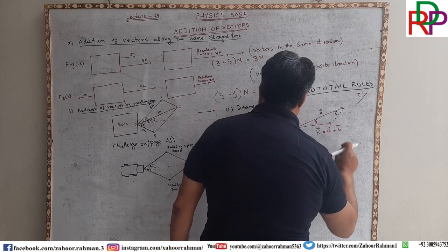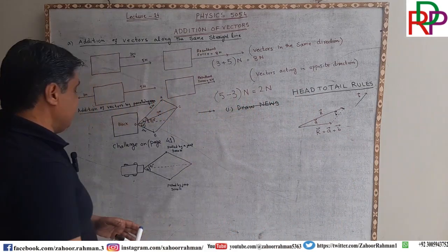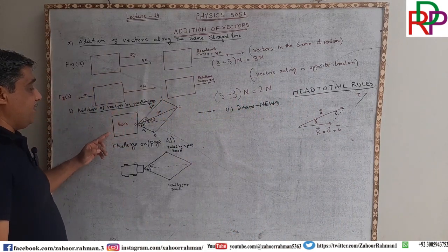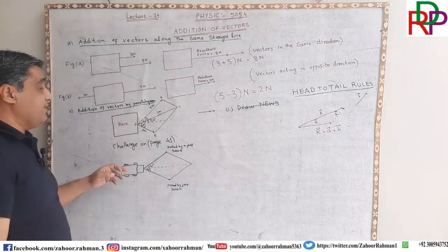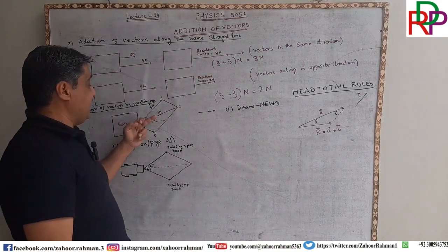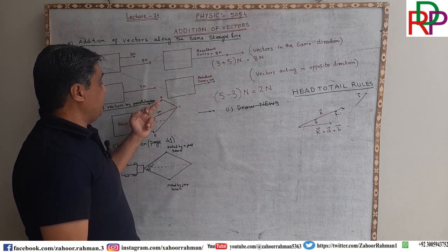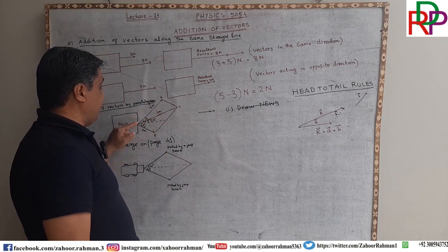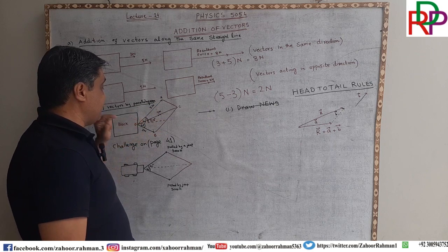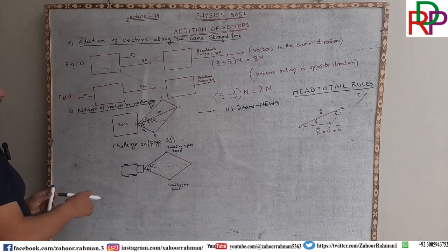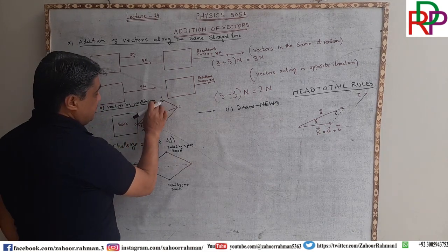One force is applied on this, just like in this case block B, this is the block and there is a straight line. One person is having a string which is pulling this block with an angle of 40 degrees with the horizontal, and that is a 5 Newton force.